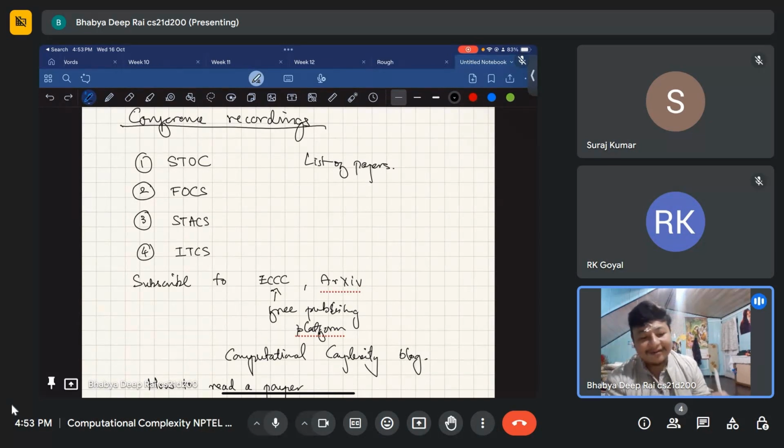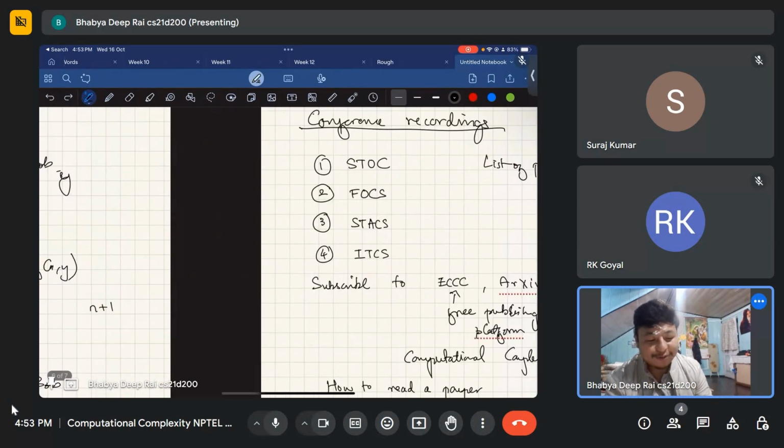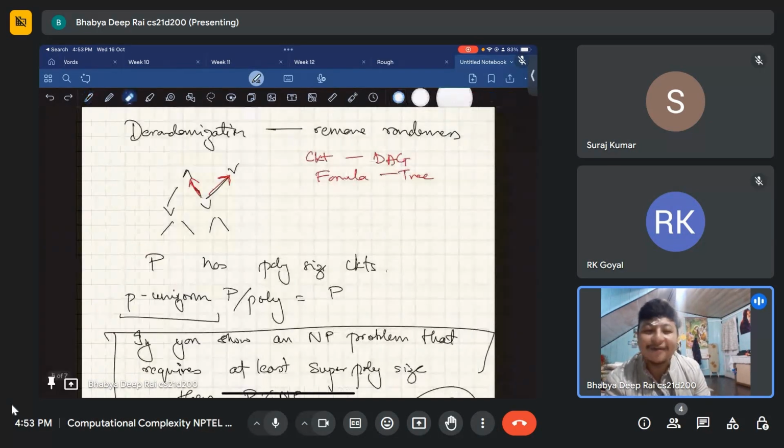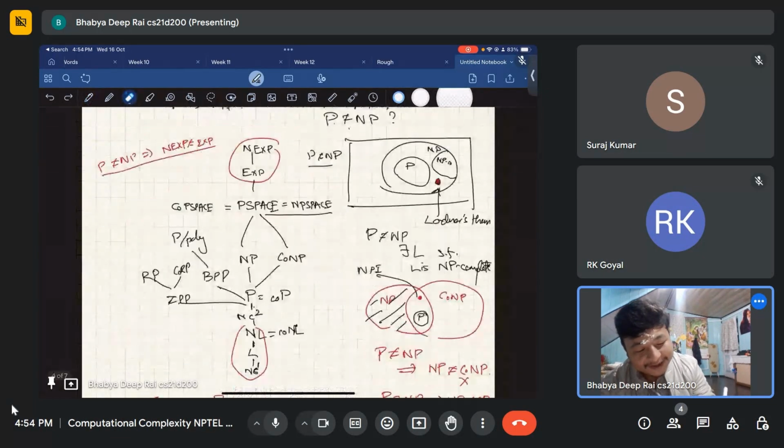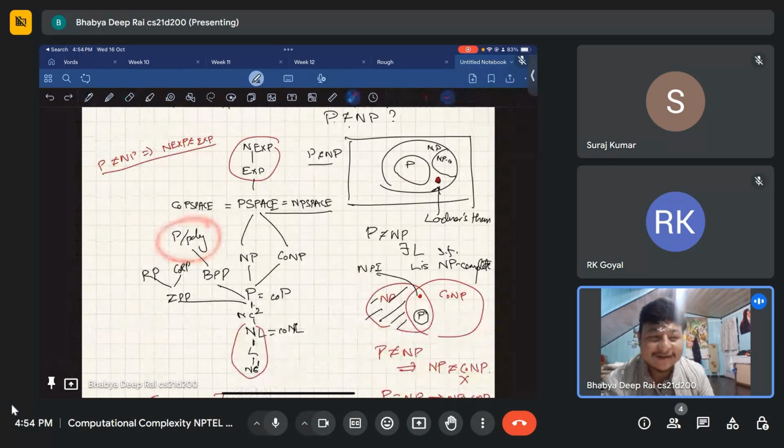For example, you can have a course on each of these topics which I covered here. You can have an entire course on circuits. There is a nice course by Raghunath Tiwari from IIT Kanpur on NPTEL on circuit complexity. You can learn circuit complexity in depth, and you can have an entire course on communication complexity.